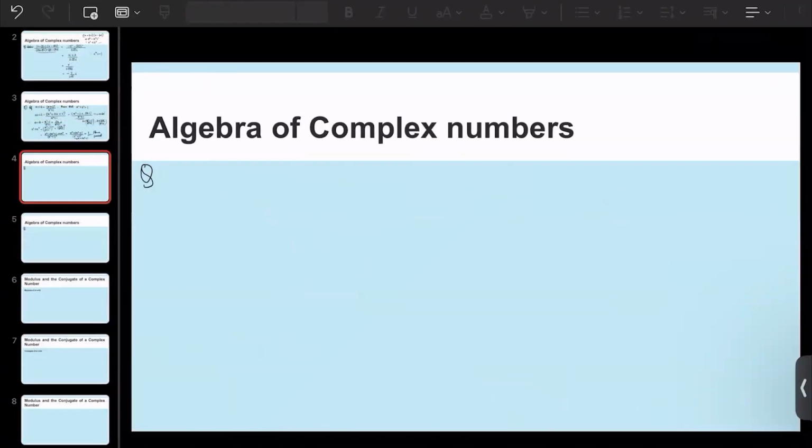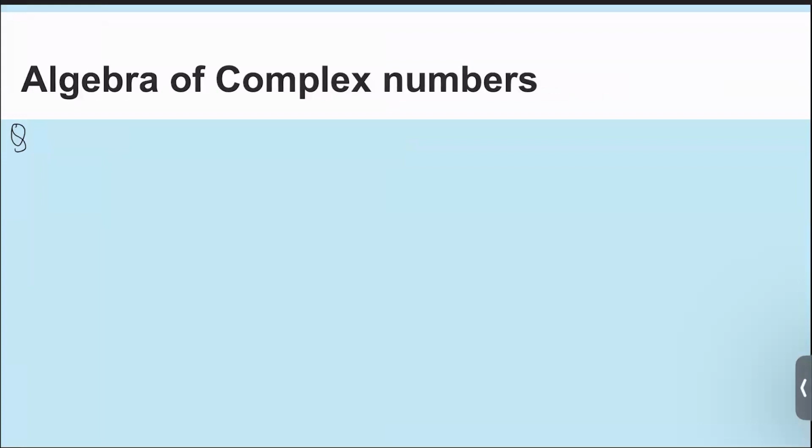Okay. So over here, the question is that a is equal to cos 2 pi by 7 plus i sine 2 pi by 7.